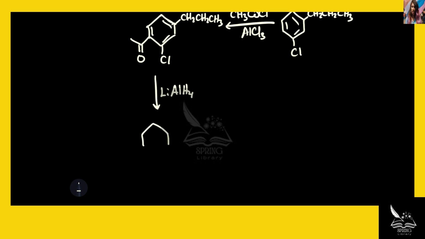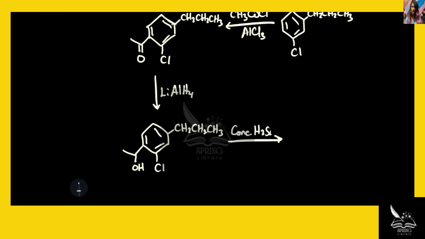This will give us CH2, CH3, CH2, CH3, Cl, OH, and then finally with concentrated sulfuric acid, this is CH2, CH2, CH3, Cl, and double bond there, and there's our compound F that is synthesized starting from benzene.